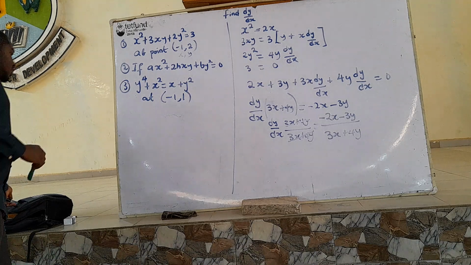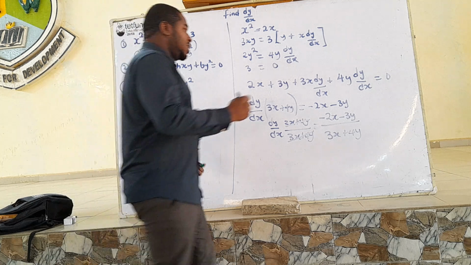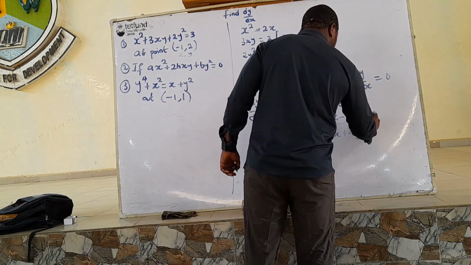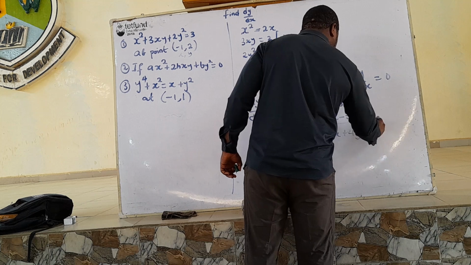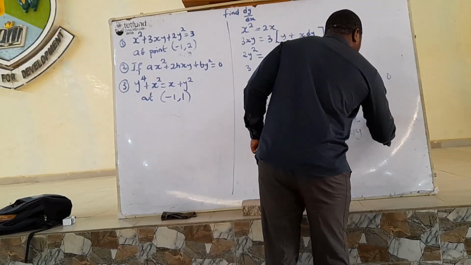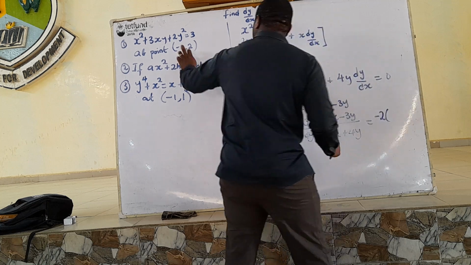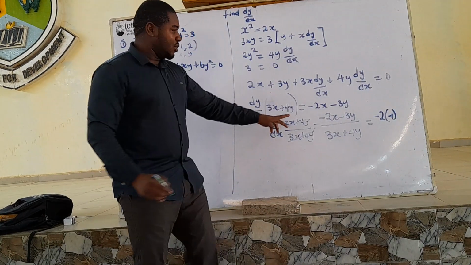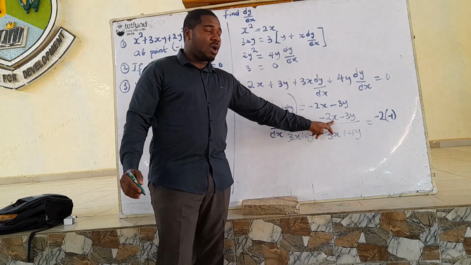Are we together? Now, I'm going to evaluate this at what point? I'm going to substitute, first of all, minus 2 into x. x is minus 1. Can you see? Minus 2 into minus 1.